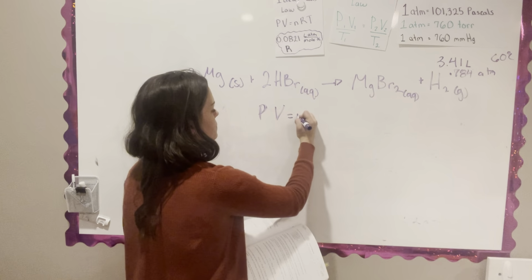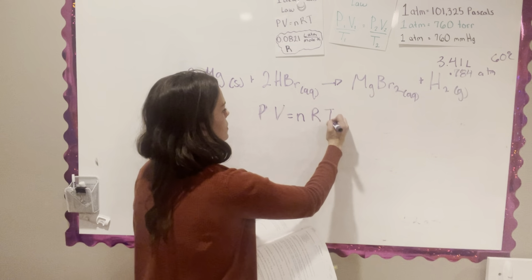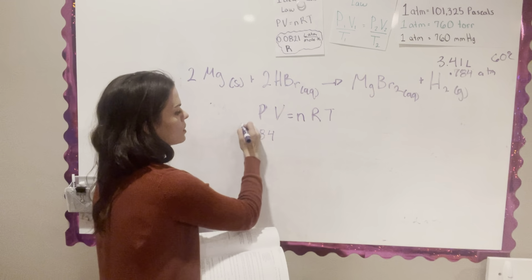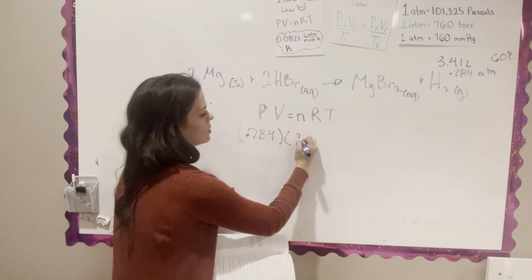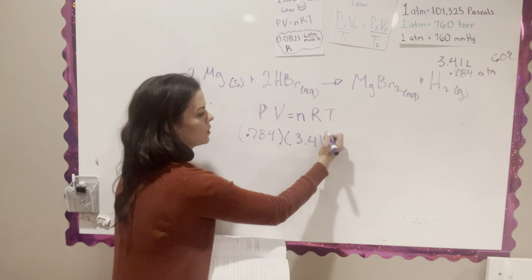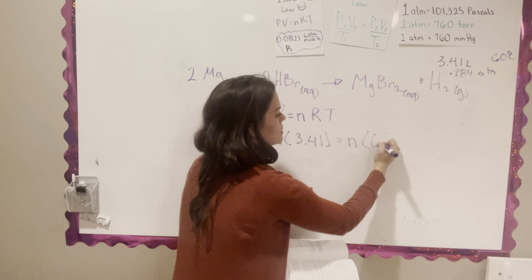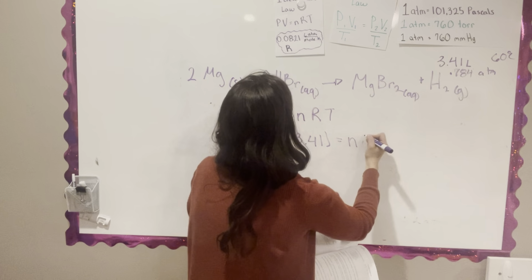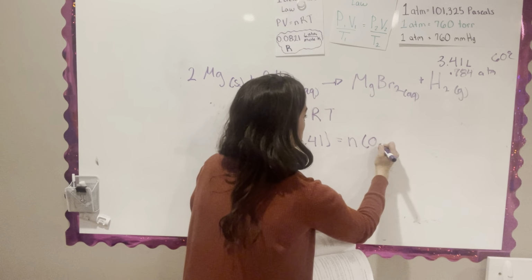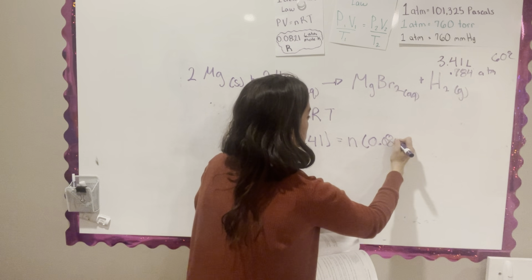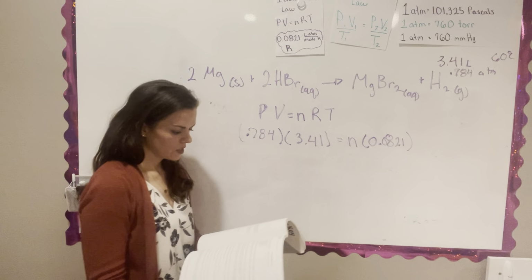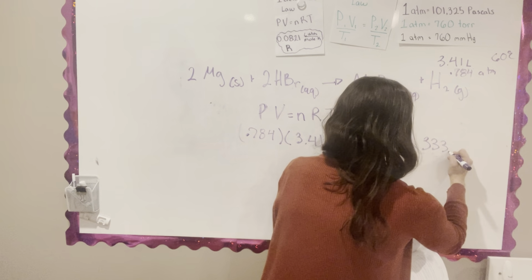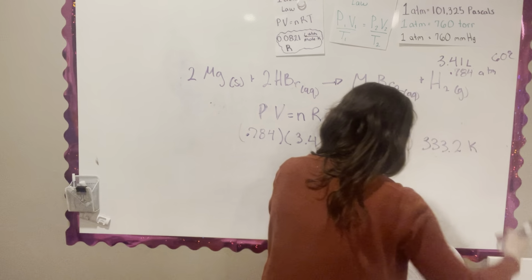So I'm just going to go ahead and take this guy here. PV equals nRT. All right, pressure. We figured out 0.784. Volume 3.41. I'm looking for n. I know R. My marker is dead. And then temperature, which is 333 kelvins.